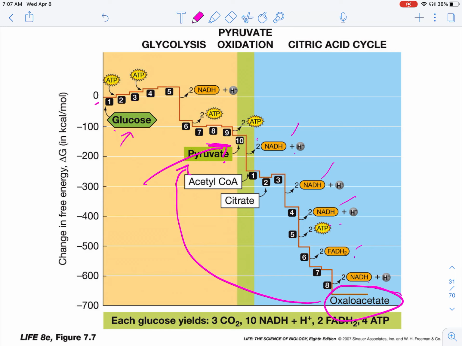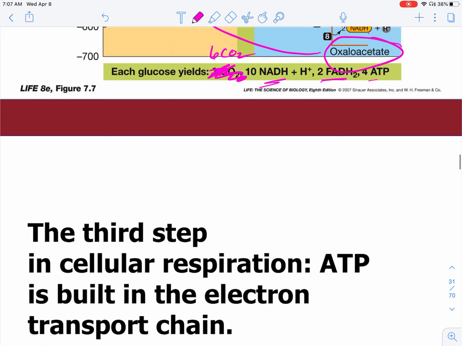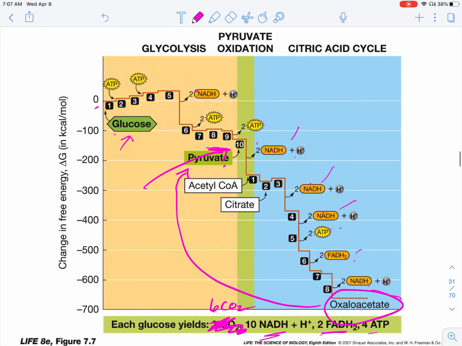So each glucose here, so this is wrong, I'm using an old slide. It yields six carbon dioxides, 10 NADH, 2, 4, 6, 8, 10, because two are from glycolysis, two FADH2, and four ATP. And so that's the second step, the citric acid cycle.